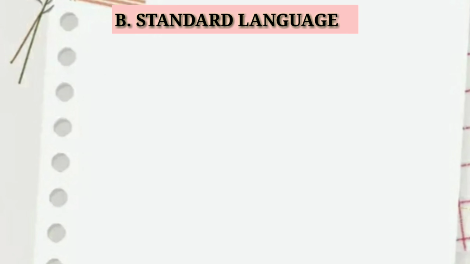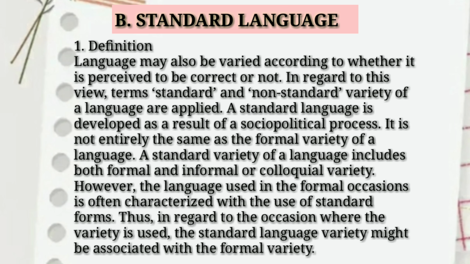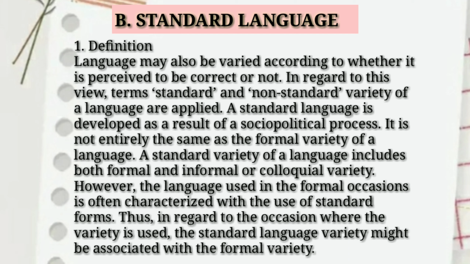Next, standard language. Language may also be varied according to whether it is perceived to be correct or not. In regard to this view, the terms standard and non-standard variety of a language are applied. A standard language is developed as a result of a social-political process. It is not entirely the same as the formal variety of a language.